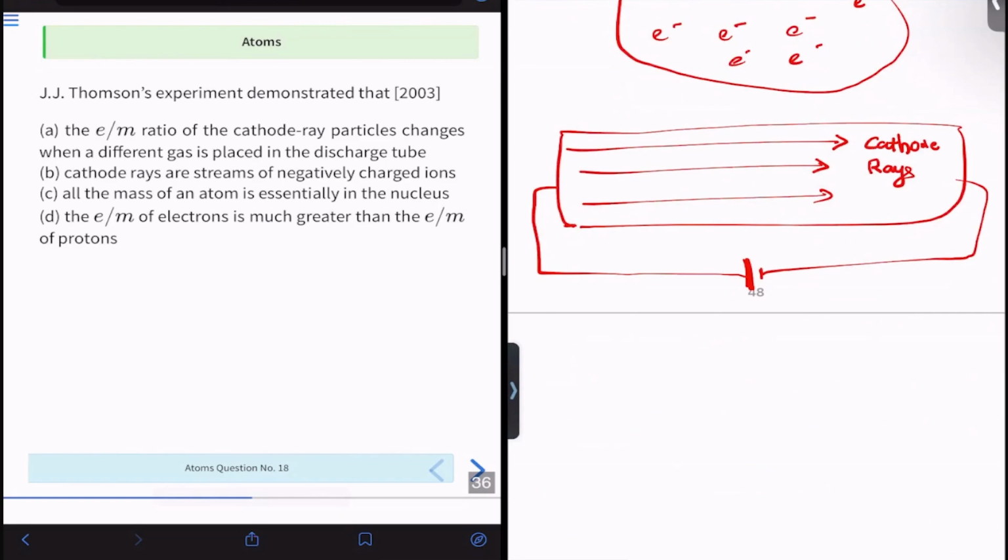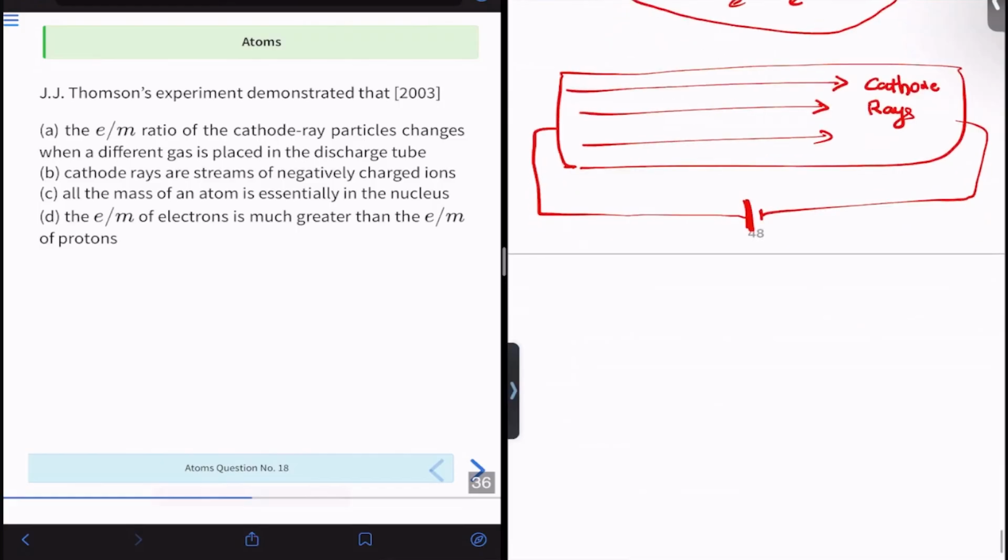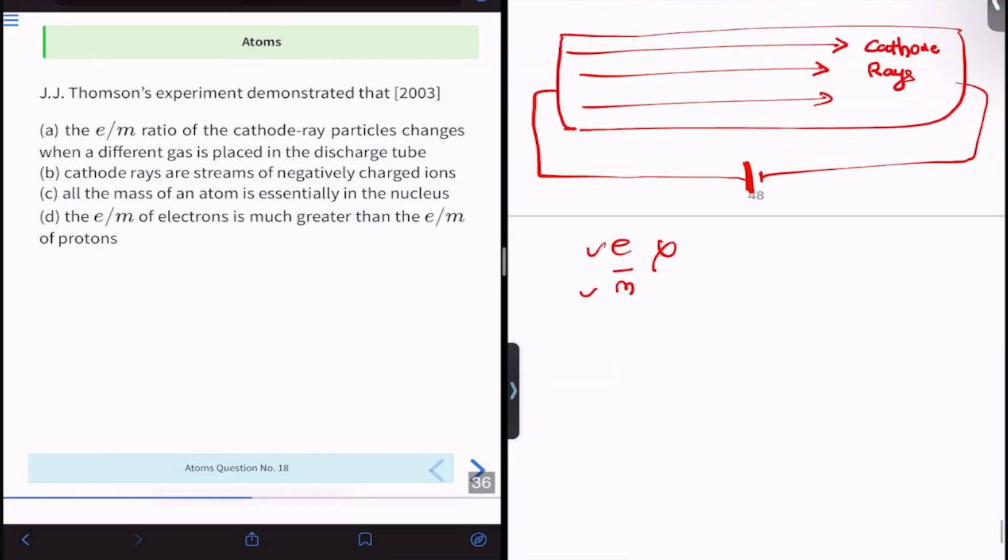Option A says the e/m ratio of the cathode ray particles changes when a different gas is placed in a discharge tube. No, the e/m ratio, the charge upon mass of the electron, will always be the same irrespective of the discharge tube you are putting the cathode rays in. Why? Because the charge and the mass of the electrons in every atom are the same.